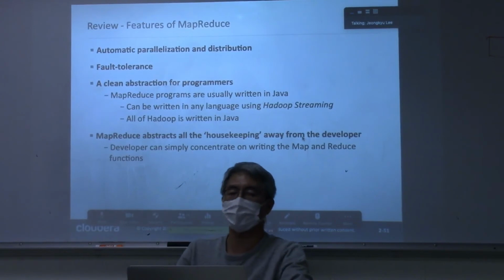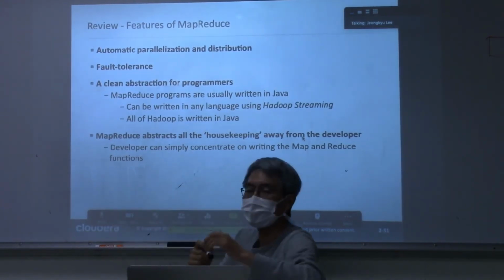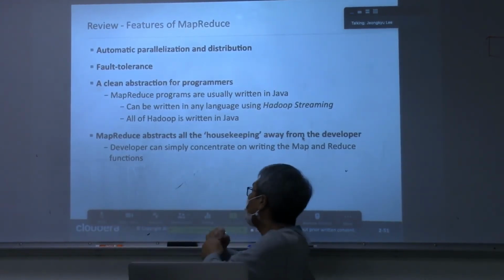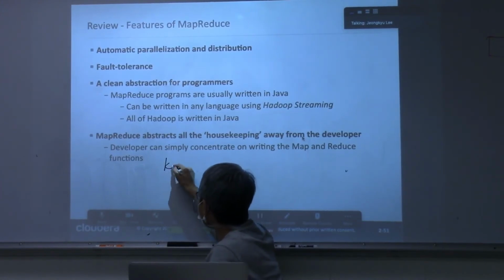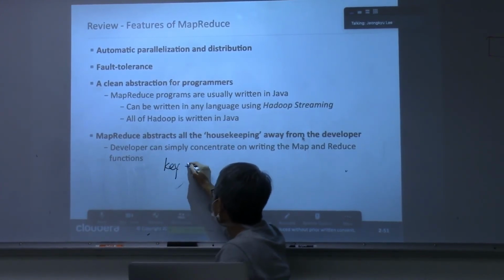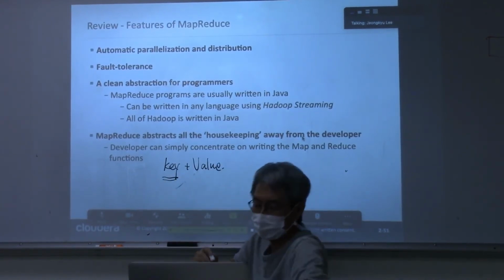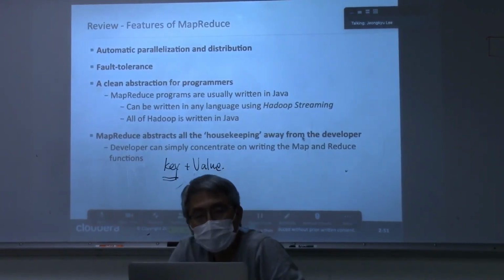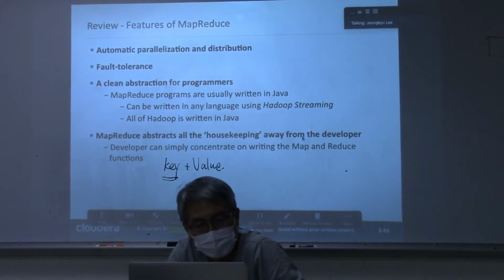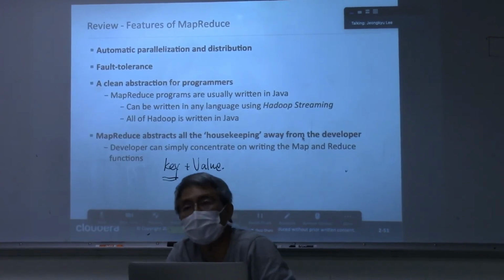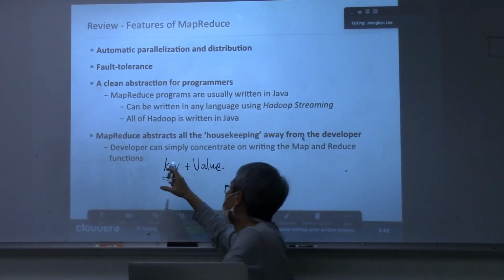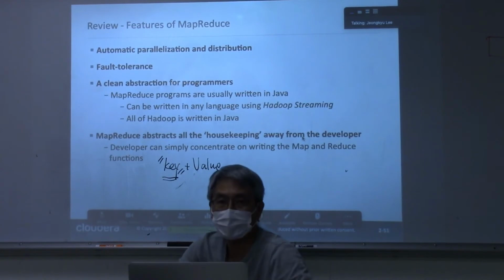So what is the MapReduce? To understand the MapReduce, first you'd better understand what are the key and value. Specifically the key. Because of the relational database model, if you already took the database design or advanced database design, you heard a lot about the key.